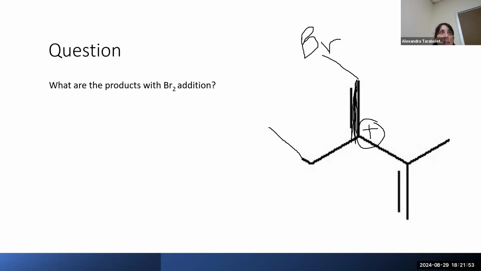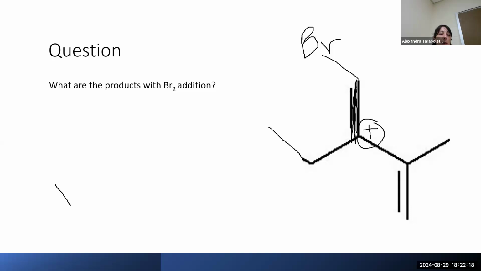So for the second addition of bromine, remember now I have generated an allylic system. You guys see it, right? Positive charge next to a double bond. Which means that there is another version of this compound that can resonate.